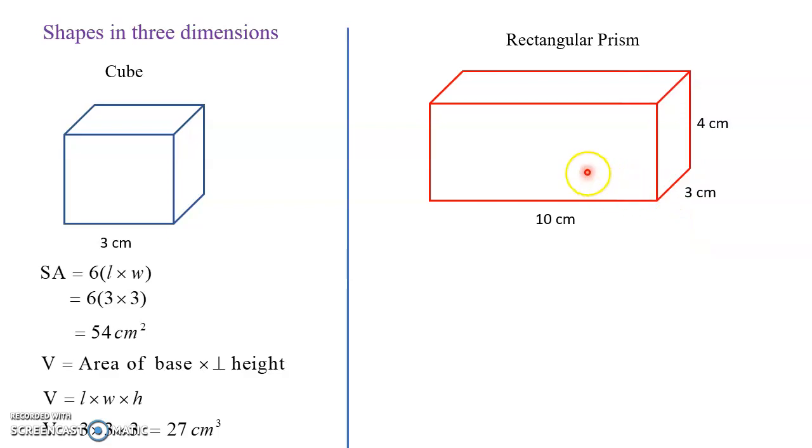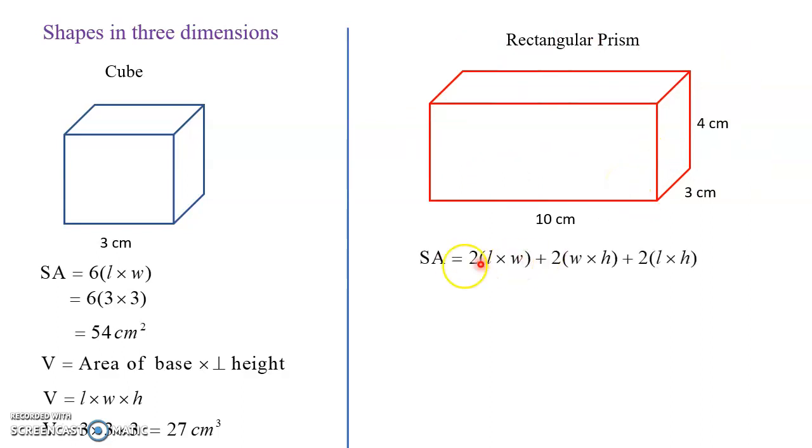If I calculate the surface area of this prism, I can calculate the area of this side. Remember, it has an identical side on the other side. Multiply that by 2. If I calculate the area of the top, remember the bottom is exactly the same. If I calculate the area of the left, the area of the right is exactly the same. If I add up all those areas, I get the surface area of this rectangular prism.